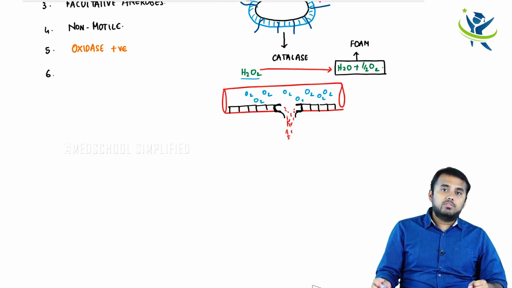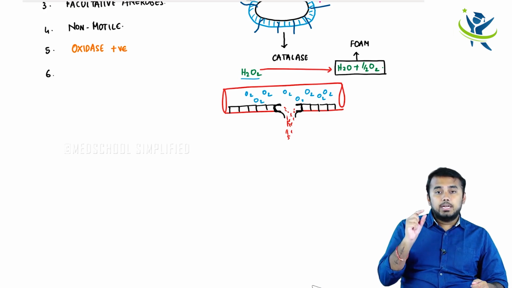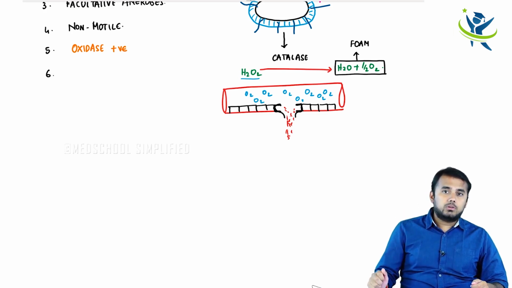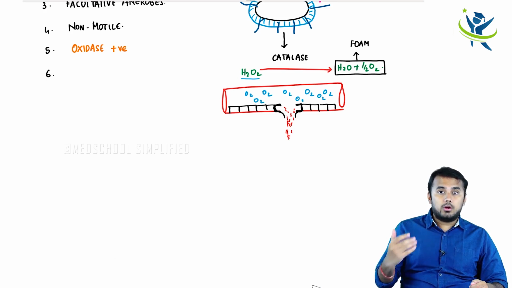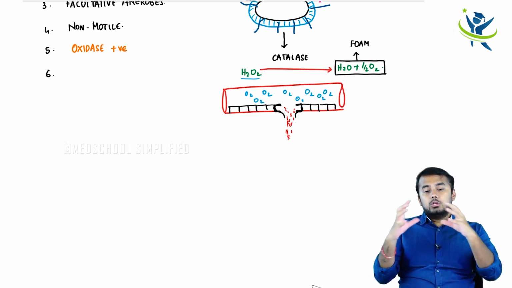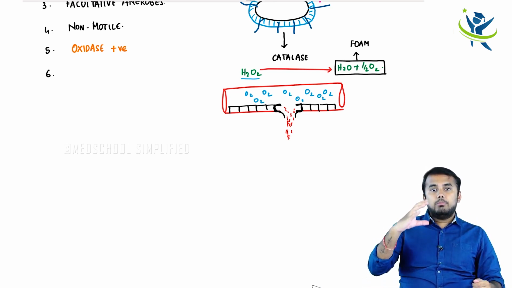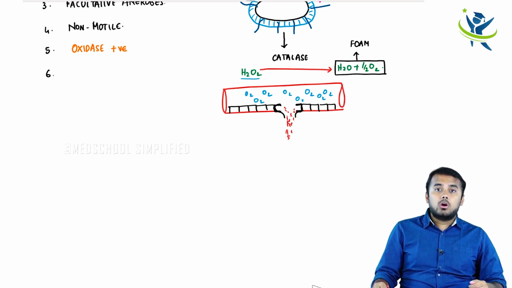Why? For example, if there is a cut of the brachial artery, ulnar artery, radial artery, or whatever artery it might be, these arteries are pretty big. When you are adding hydrogen peroxide, the oxygen molecules will be formed a lot, right? Many oxygen molecules will be formed within the blood vessel and all these oxygen molecules join together to form a very big air bubble, and this air bubble will cause a specific embolism called air embolism.